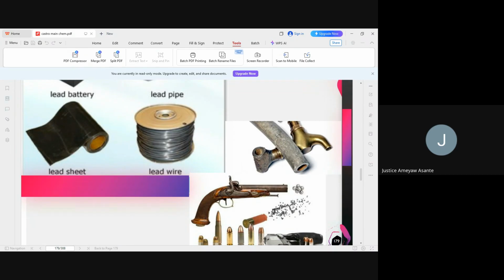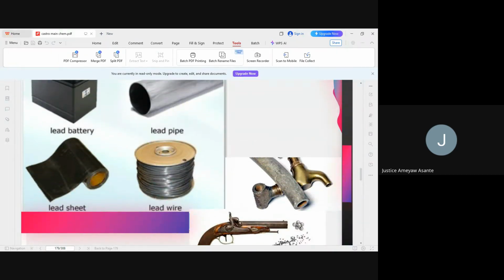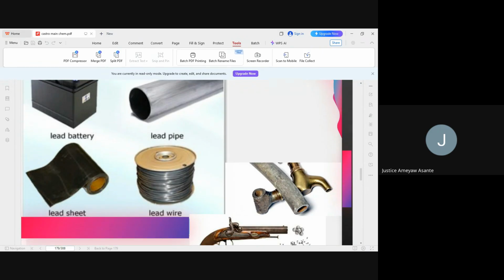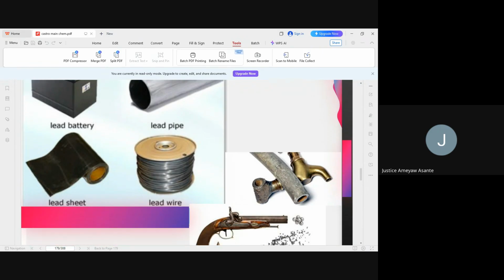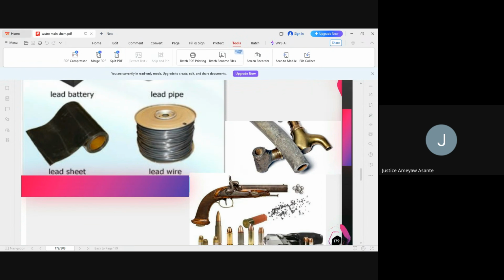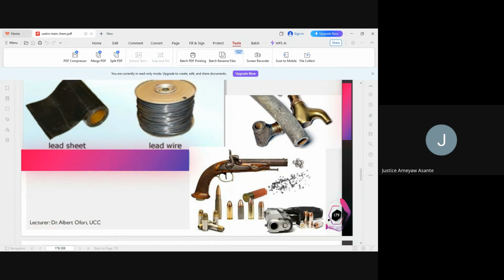So we have lead batteries. We have lead pipes. Because lead is poisonous, you don't use it to transport water again. Then we have the lead wire, lead sheets for various things.